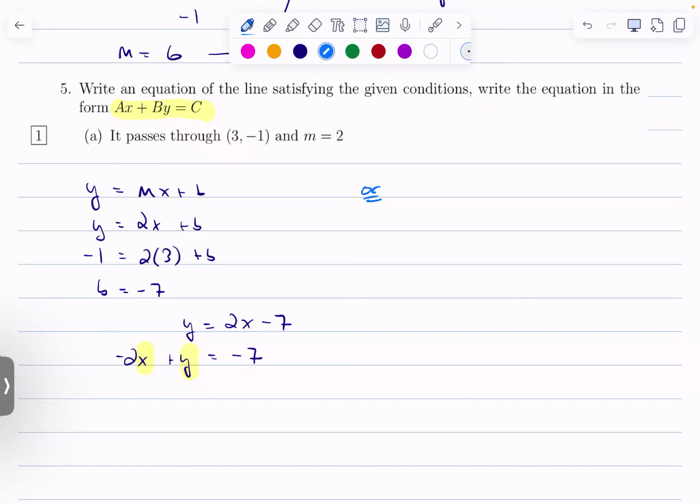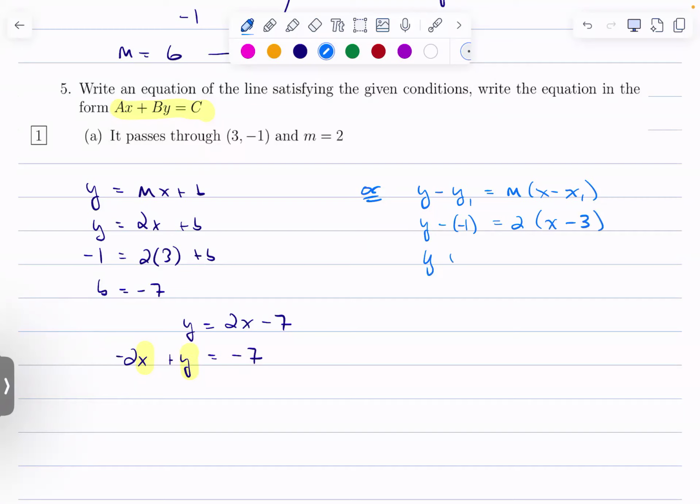Or you could, because you have 1 point and the slope, it might be easier to start from y minus y1 is m times x minus x1. But as you saw, you can always start at y equals mx plus b and find your equation of the line. But then you would get y minus -1 is 2 times x minus 3.